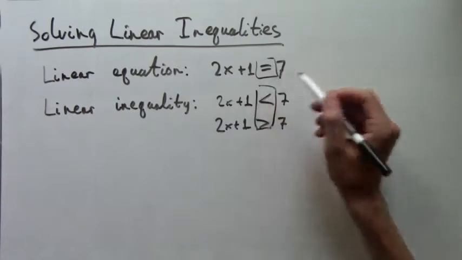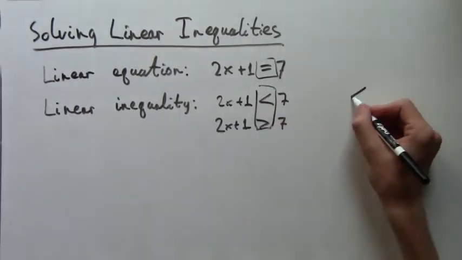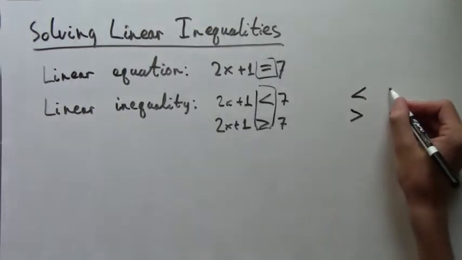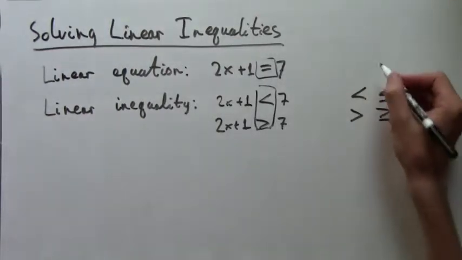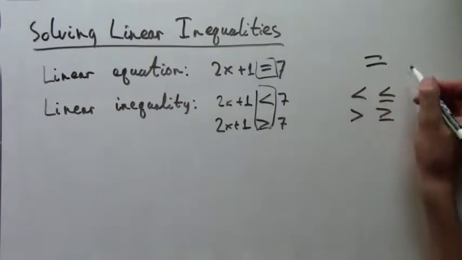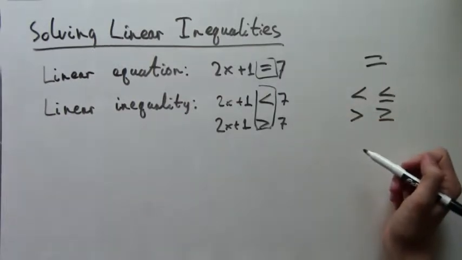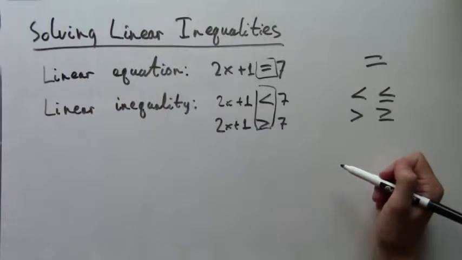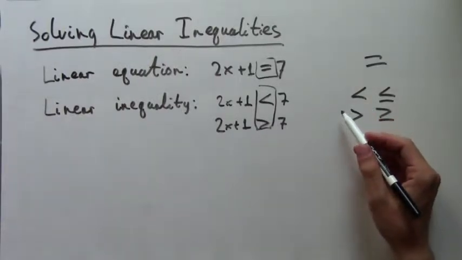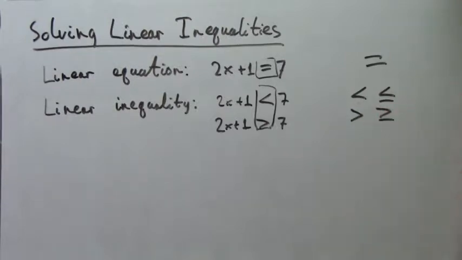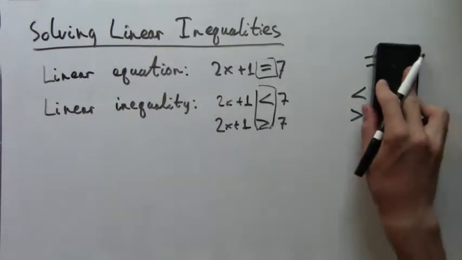We could have less than or equal to, or greater than or equal to. Here are all four symbols that we can use in an inequality. This is what sets it apart from a linear equation. Rather than being equal, we have something greater or something smaller, but the methods of solving these are very similar to the methods of solving linear equations.